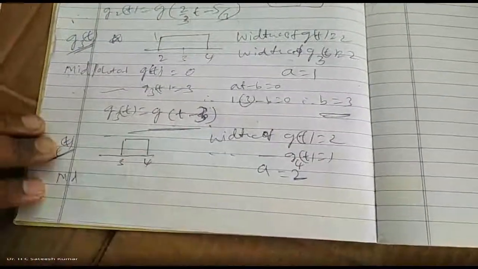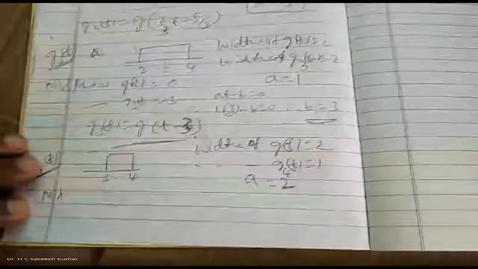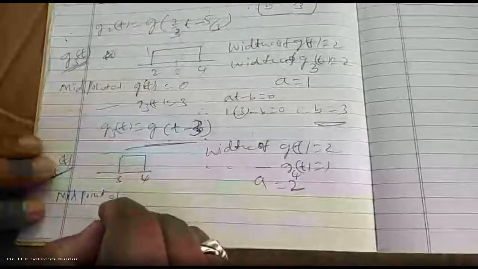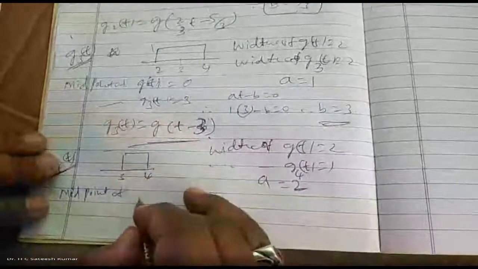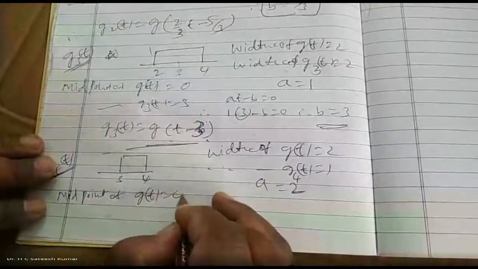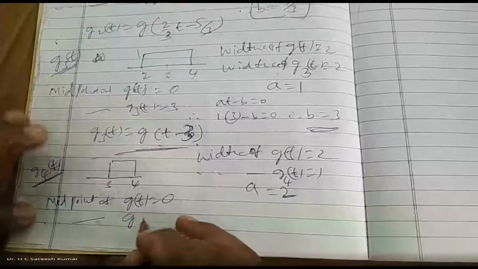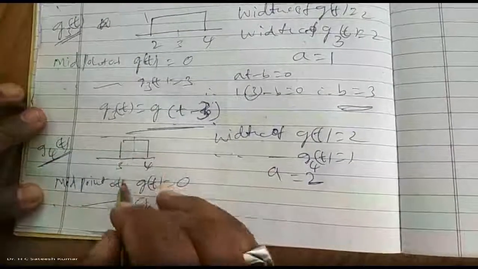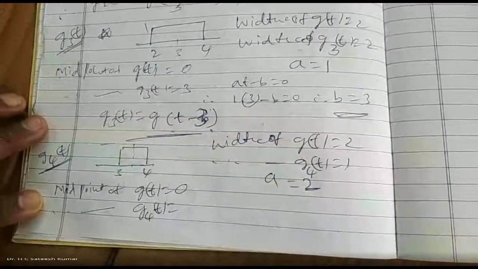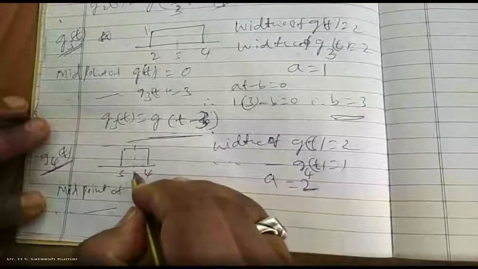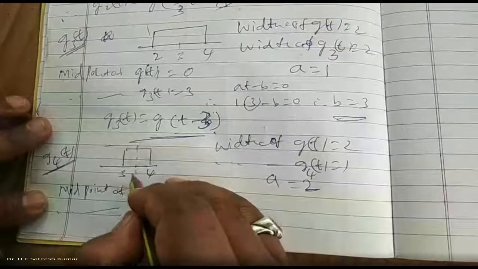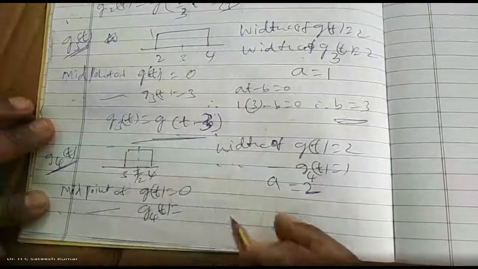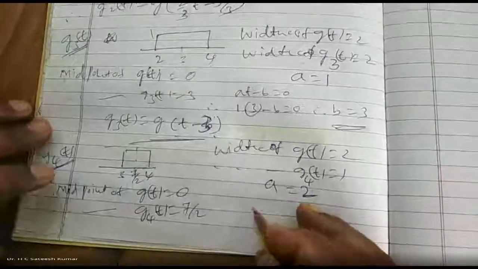Midpoint of G of t is 0. Midpoint of G4 of t is midpoint of these two, between 3 and 4, under 3 by 2. 3 by 2 is what? 3 and a half. 3 and a half is nothing but 7 by 2.